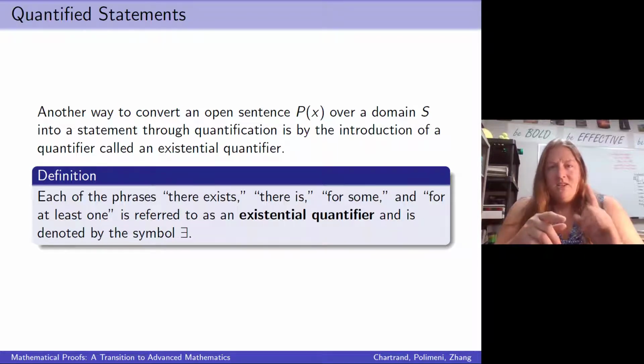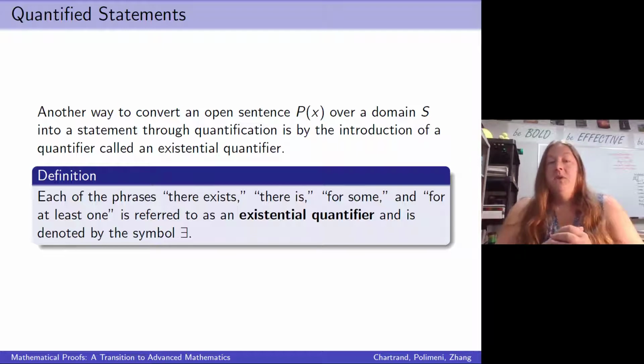There just had to be one element in the set that it didn't work for. In this case, with the existential quantifier, what this is saying is there's at least one element, some element in the set, that this is true for. The existential quantifier uses a backwards E, for existential or exists.